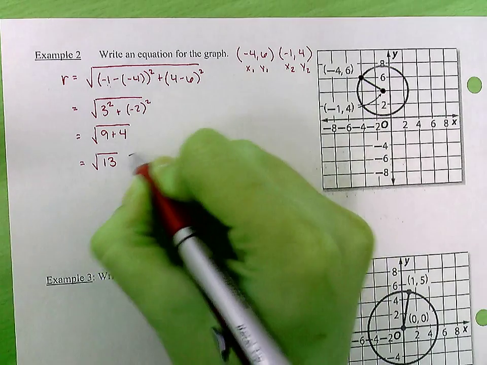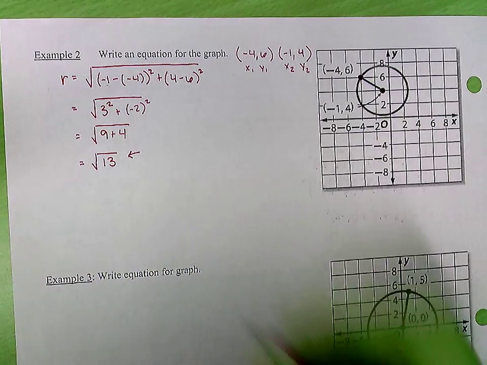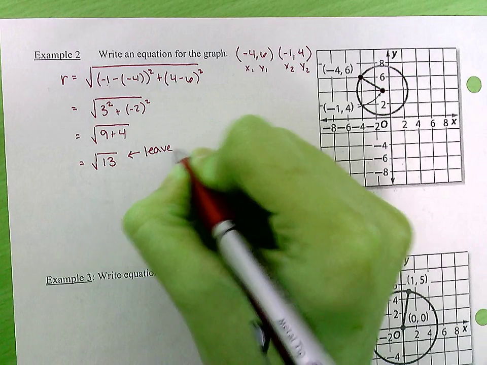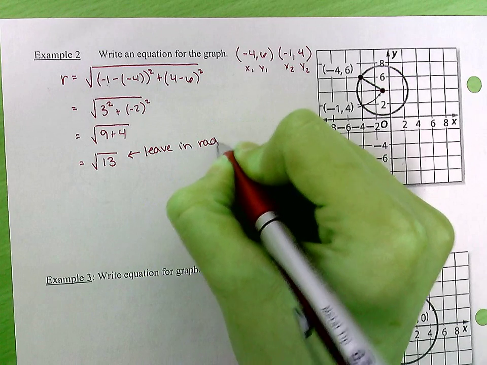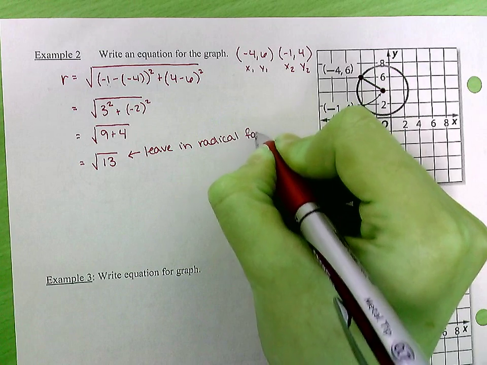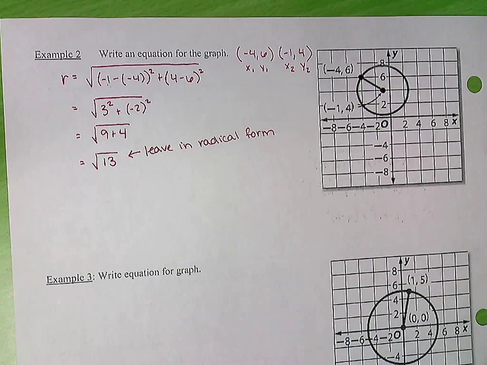Now, I want you to leave it in this form, in that radical. If you remember, in the standard form for an equation of a circle, you need to square your radius. So if I leave it like this, when I square it, the square root and the square will cancel out and it'll just be 13.